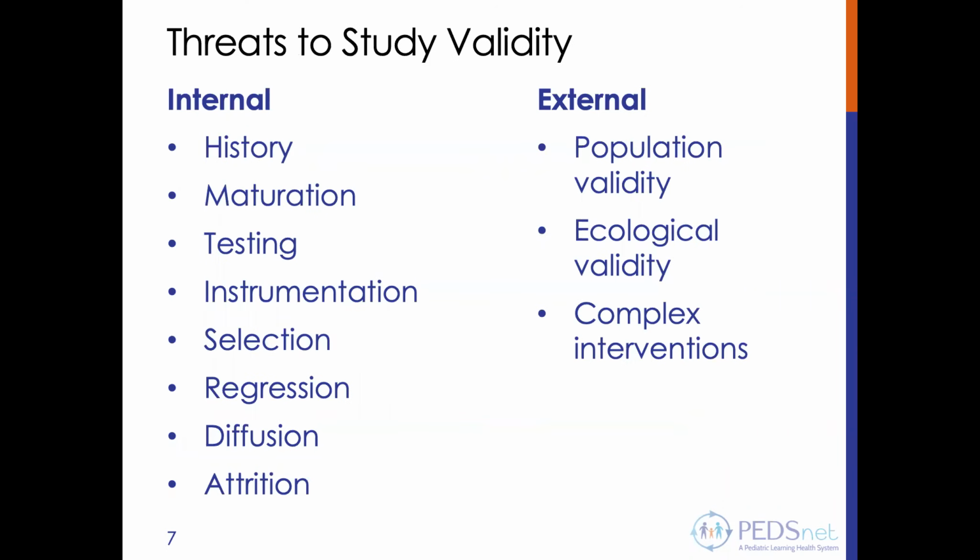So we're going to now walk through 8 internal threats to study validity and 3 external threats to study validity. And again, this is material that I really absorbed when I was a doctoral student at Johns Hopkins and learned in my health services research classes. It was on my comprehensive exams when I was moving through the PhD process.